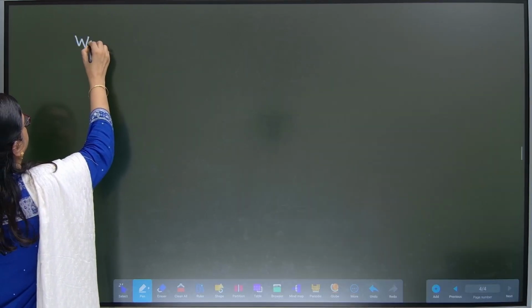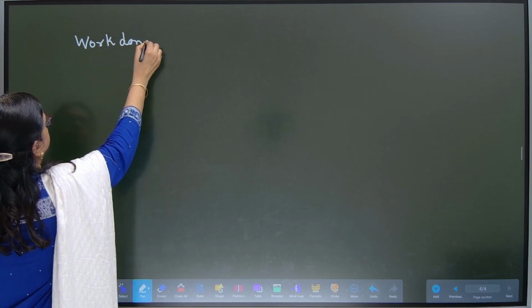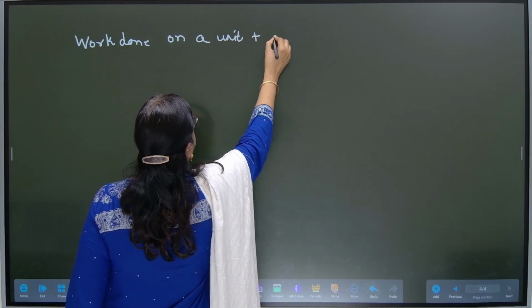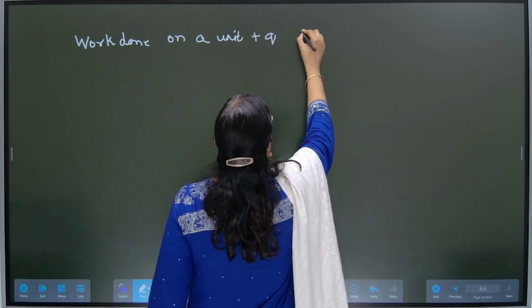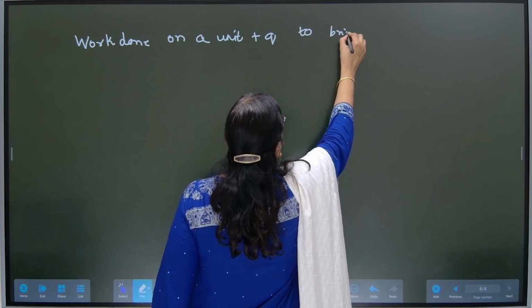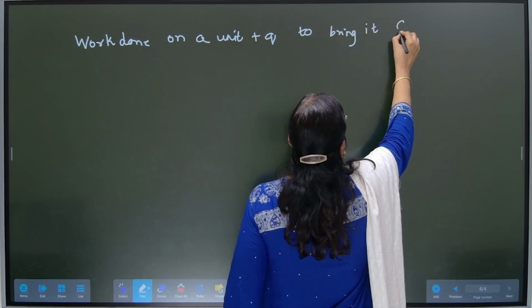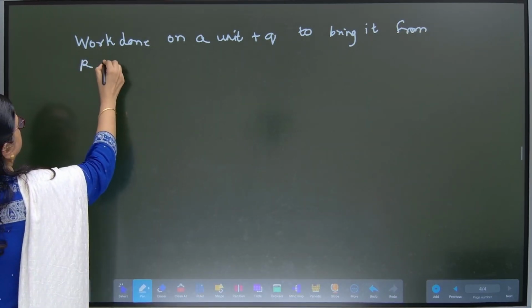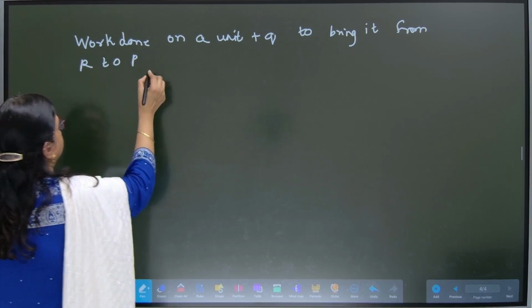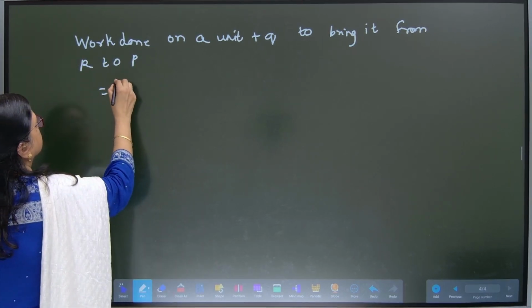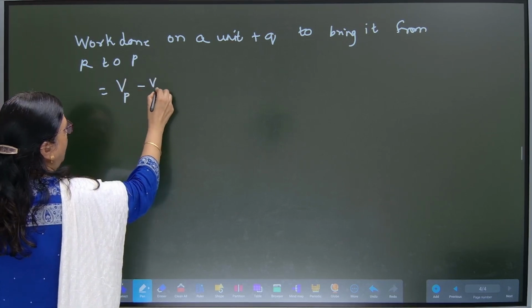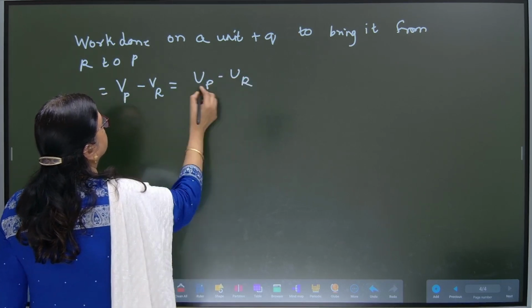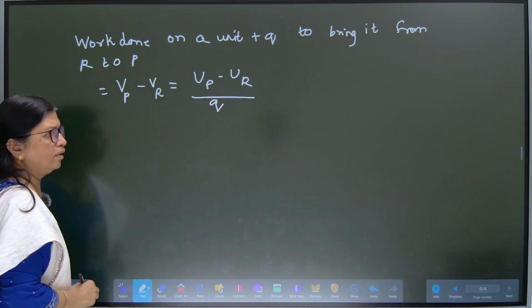So the work done on a unit positive charge Q to bring it from R to P is given by Vp minus Vr is equal to Up minus Ur divided by Q. Why?